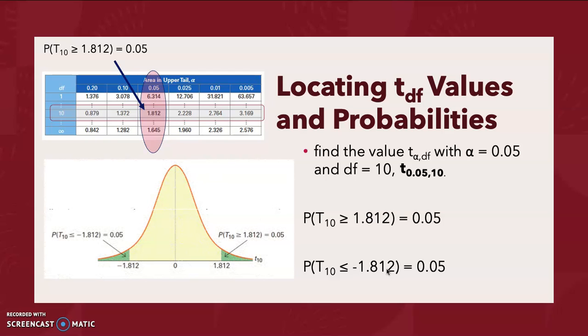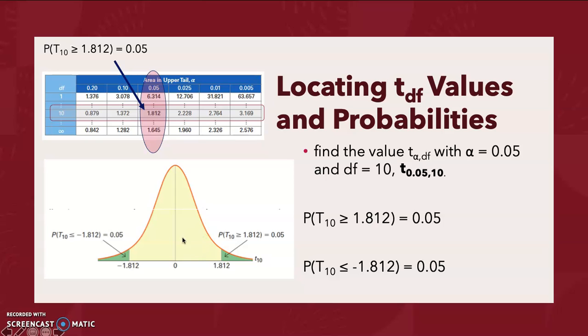Also, since the area under the entire t-distribution sums to 1, we deduce that the area on the left of 1.812 is 95%.